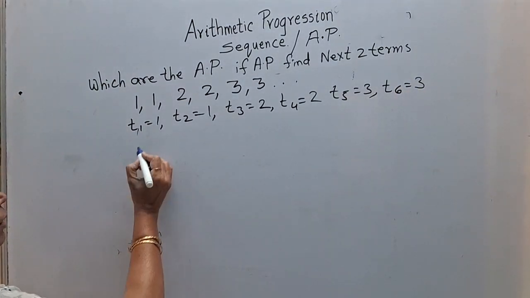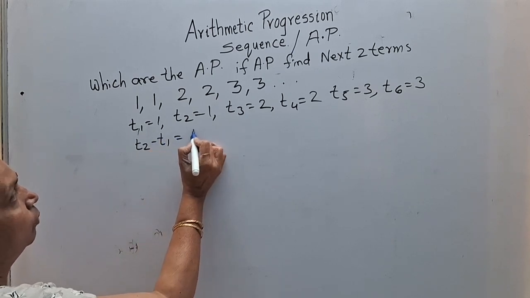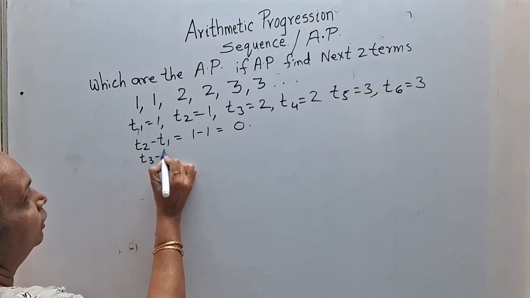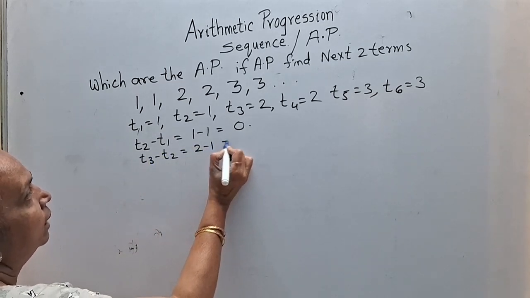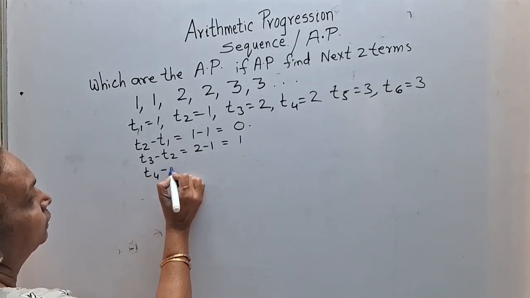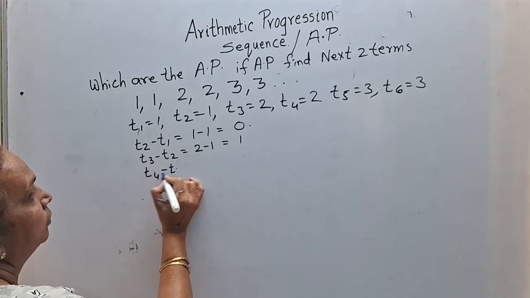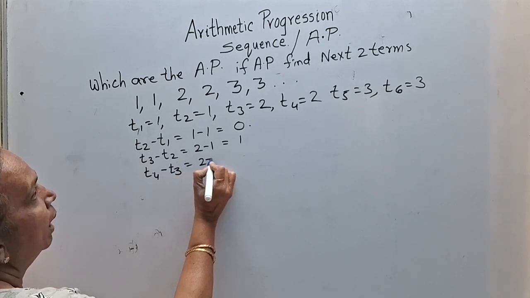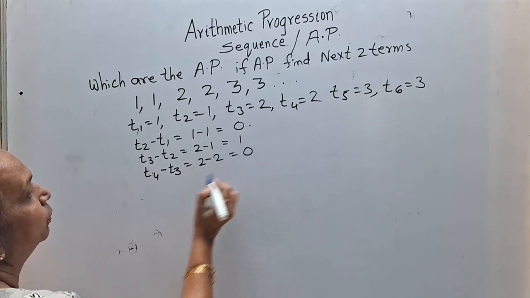Yes, so I'll find out the common difference. T2 minus T1 is nothing but 1 minus 1, that is 0. Then T3 minus T2, that is 2 minus 1, that is equal to 1. Then T4 minus T3, T4 is 2 minus 2, that is equal to 0.